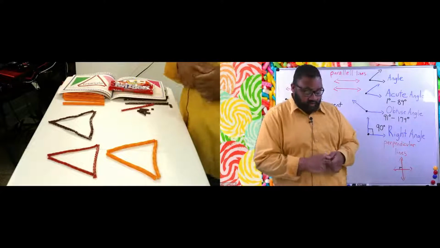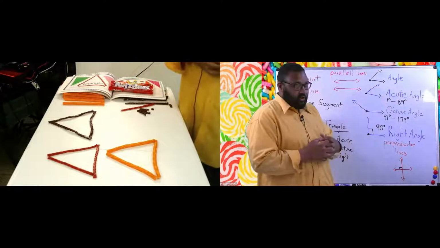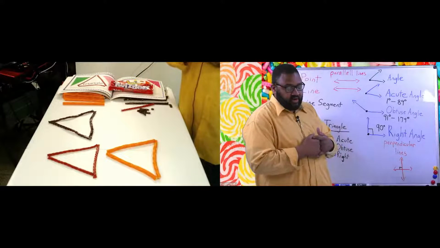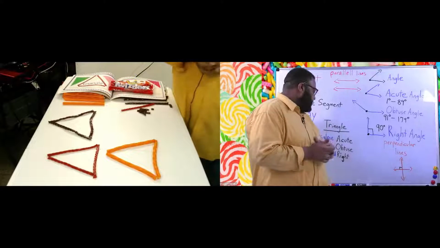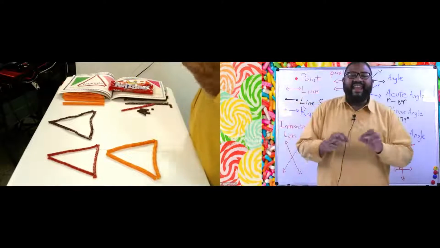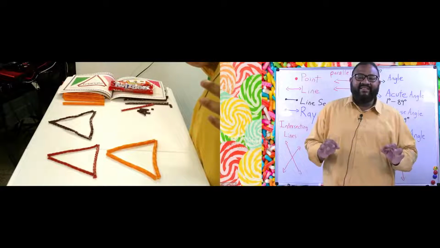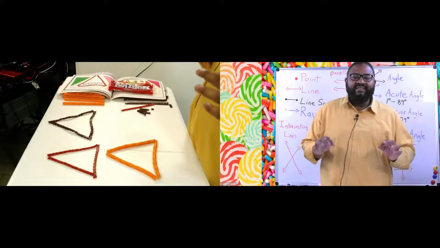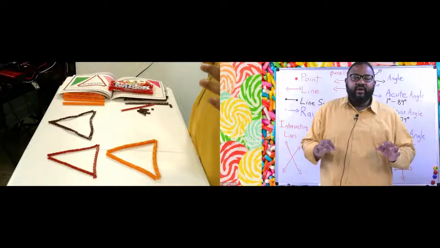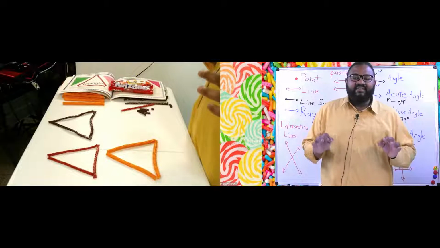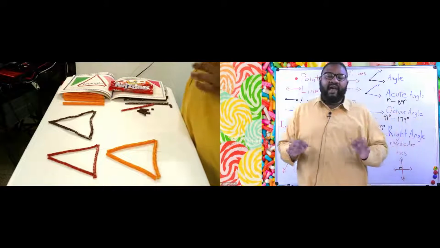So the first one we want to look at is the equilateral triangle. When we talk about equilateral, we're talking about the length of the sides, when all sides are the same. That's called equilateral.